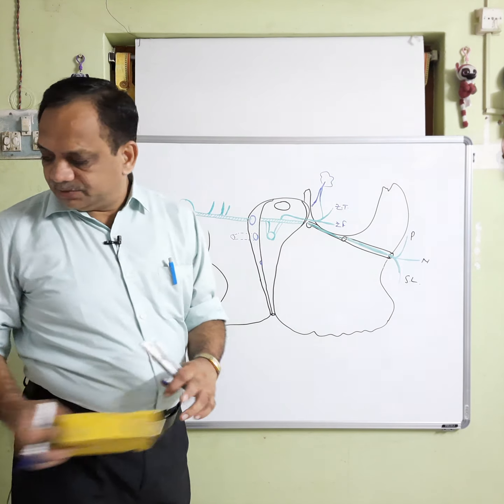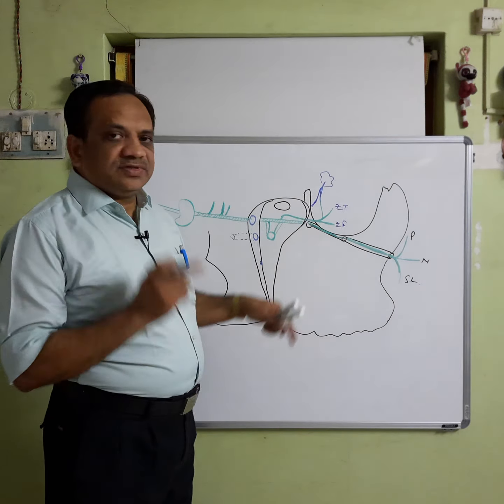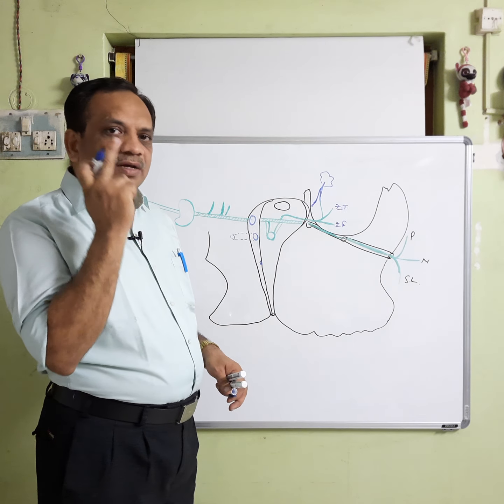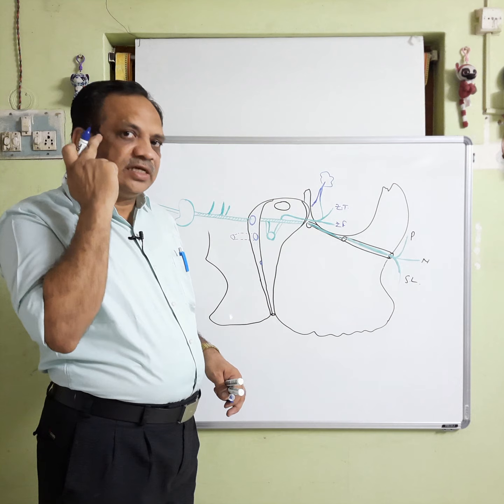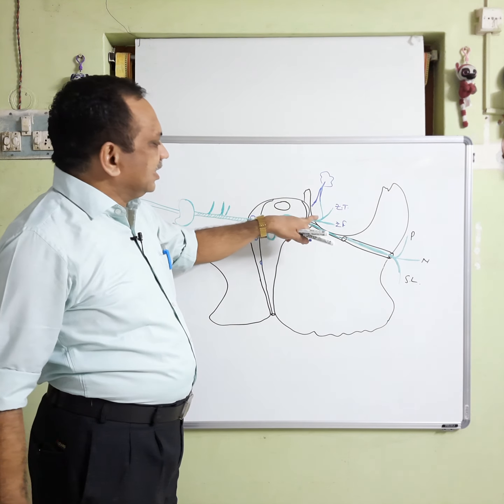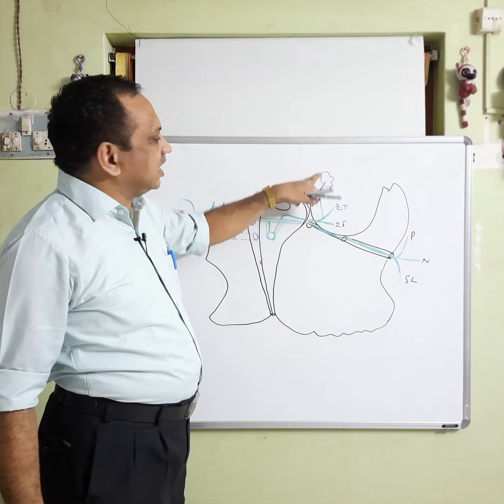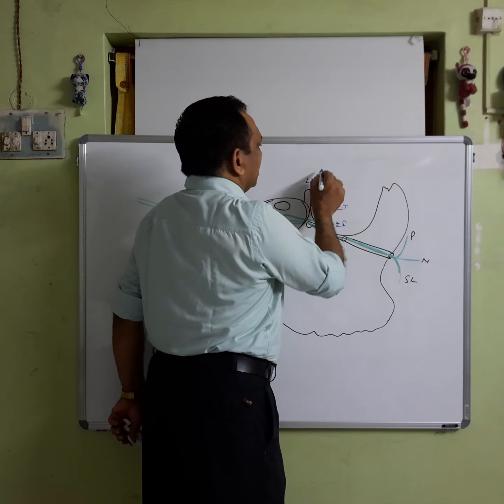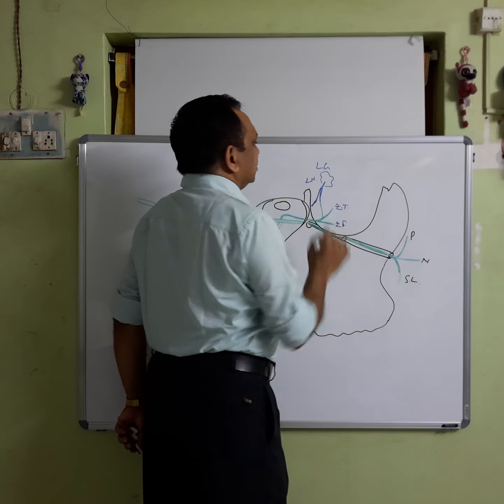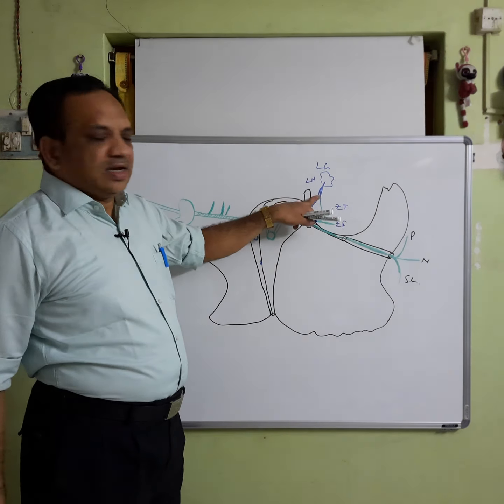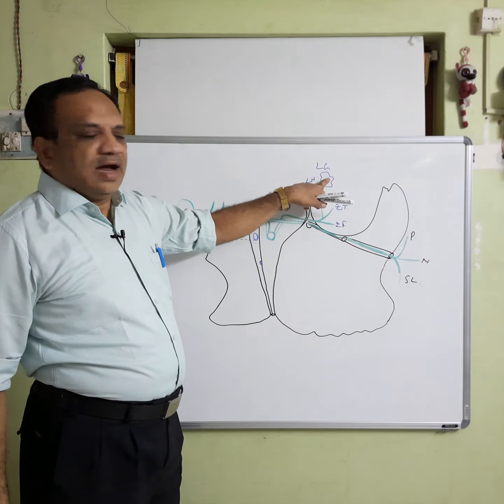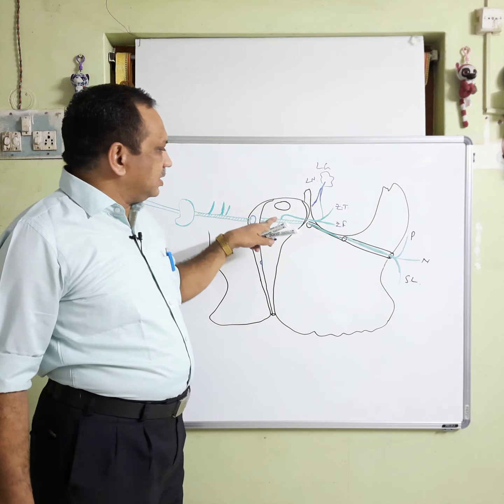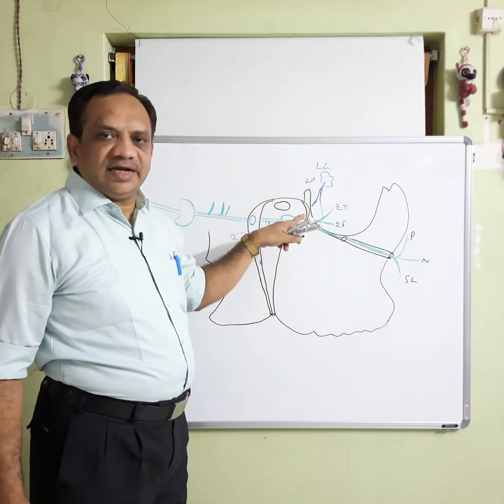The zygomatico-temporal branch leaves the orbit through the zygomatico-temporal foramen and innervates the skin over the temple region. It gives a vertical branch which joins the lacrimal nerve. This is the lacrimal nerve and this is the lacrimal gland. So, both will enter the lacrimal gland and induce lacrimation. So, this is the branching of the zygomatic branch.